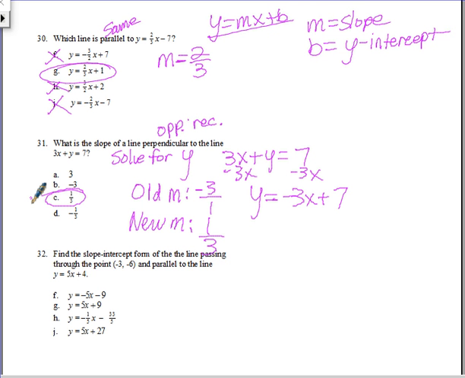And then find the slope-intercept form of the line passing through points -3, -6. So I'm going to put an x right here, I'm going to put a y right here, and parallel to the line y equals 5x plus 4. So that right there, that's your m. Okay, so knowing y equals mx plus b, we have to plug in, because we need a new b.